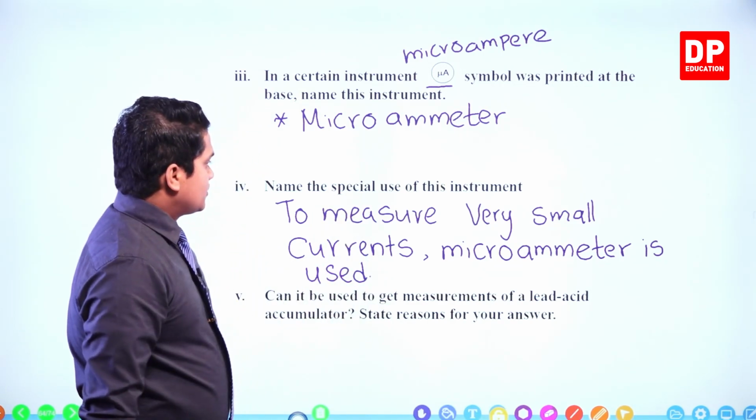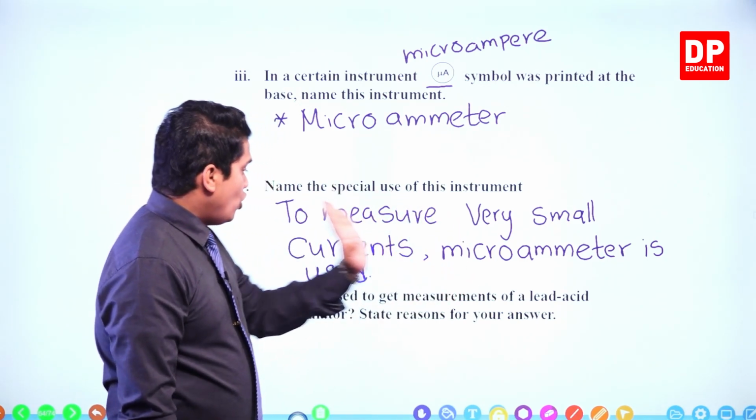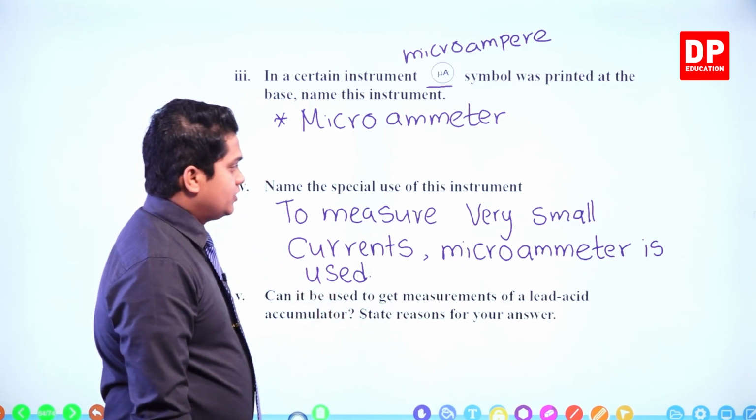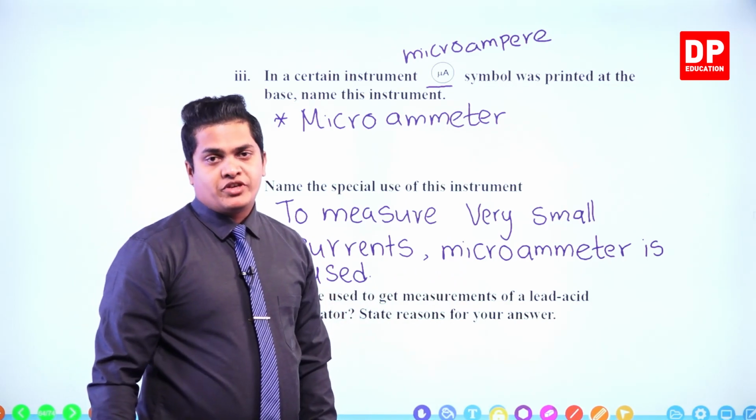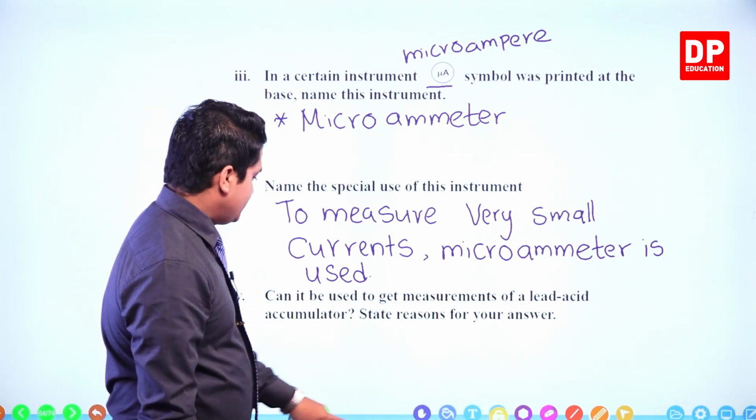Right. So the special use of this instrument is to measure very small currents. We use a microammeter to measure very small currents.